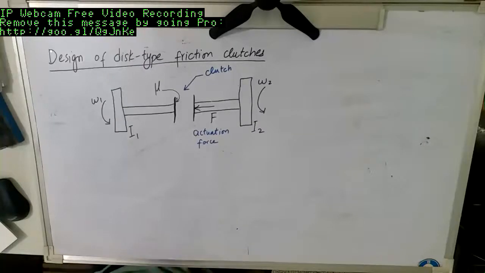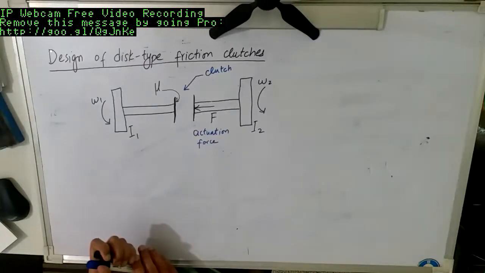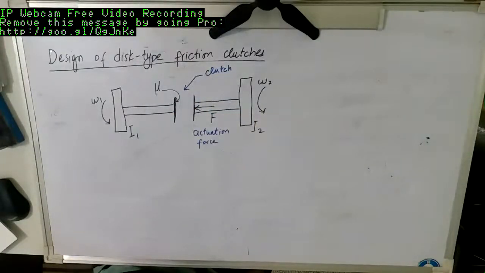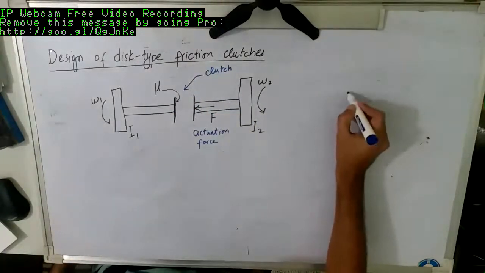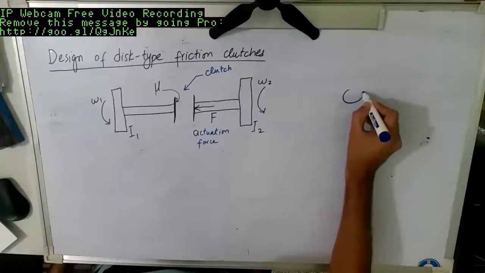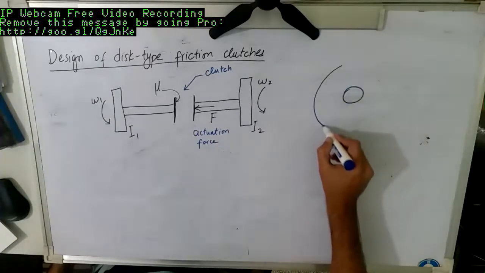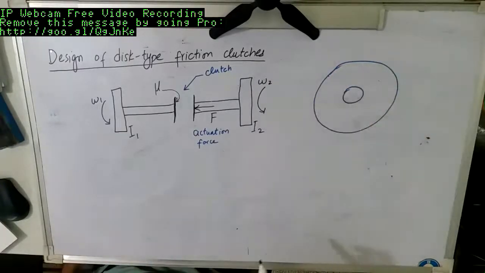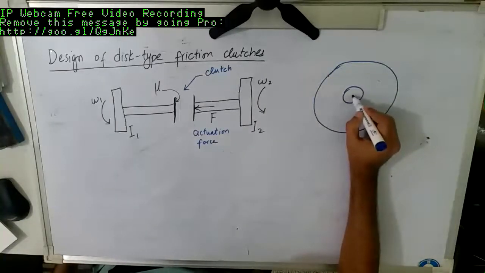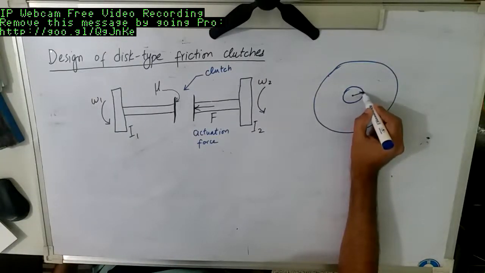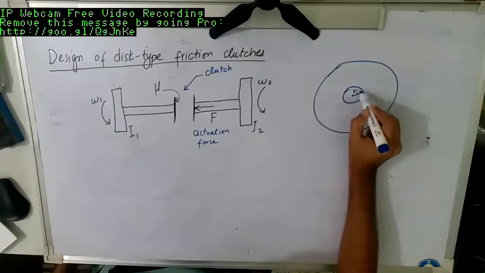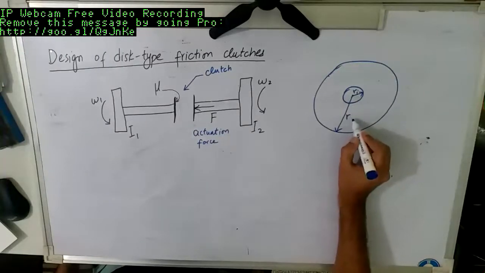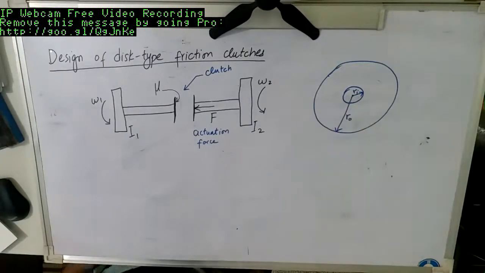If we see it from the side, these discs will be circular, so they will have an internal diameter and an external diameter or radius. Say it has an internal radius of Ri and an external radius of R naught.